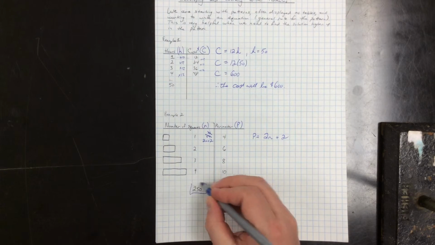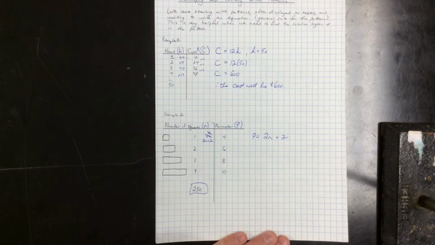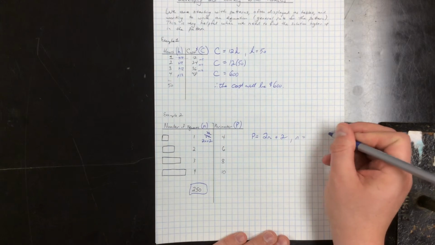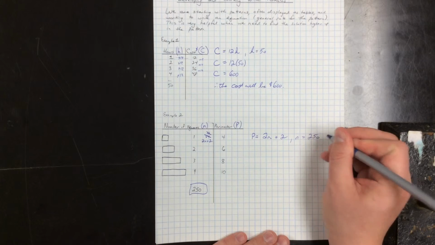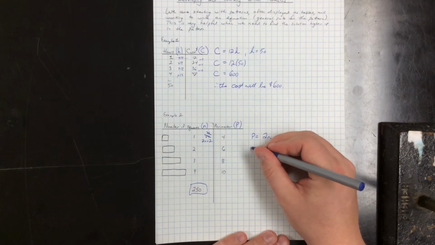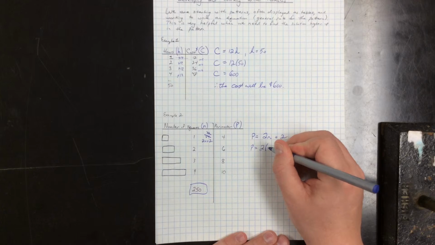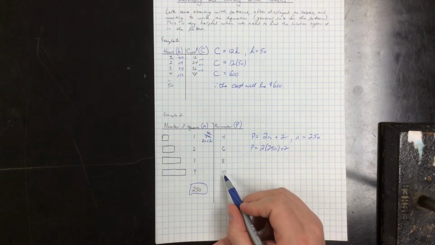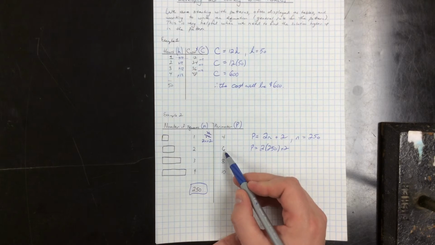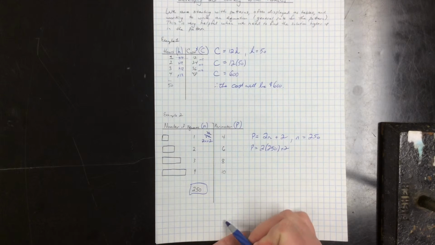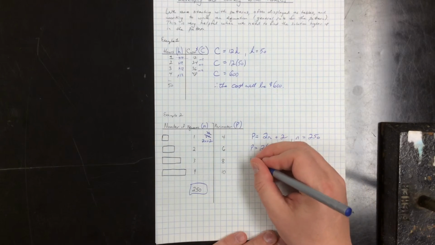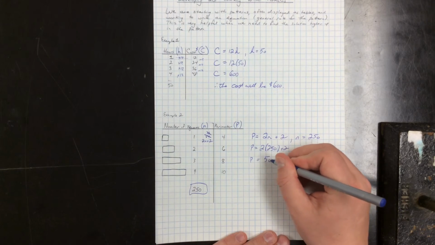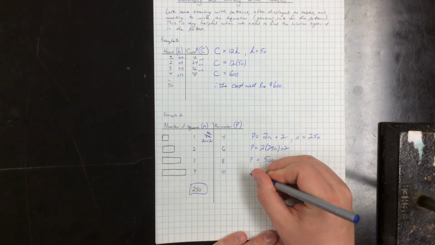That'd be really useful if someone came along and said, hey, if you got 250 squares, what's the perimeter? Well, now I'm just going to substitute in whatever number I'm given. Let's say 250. So 2 multiplied by 250 plus 2. Again, I could have got that by going down and adding 2 each time and doing that 250 times and eventually getting to the answer, but this should be a little bit quicker. 2 times 250 is 500 plus 2.